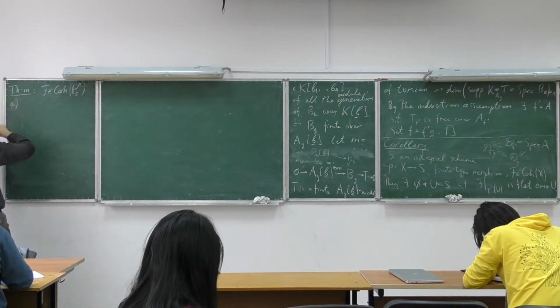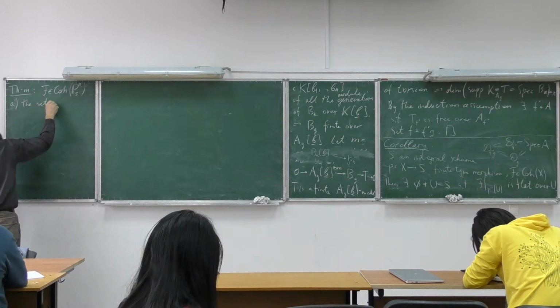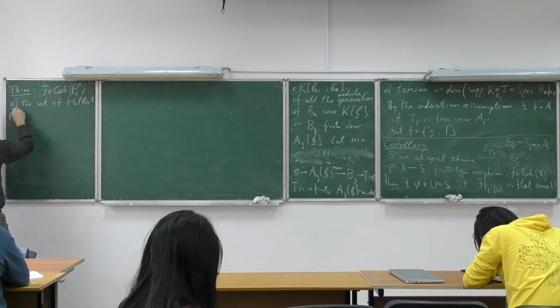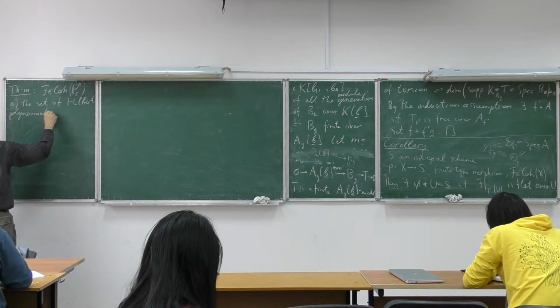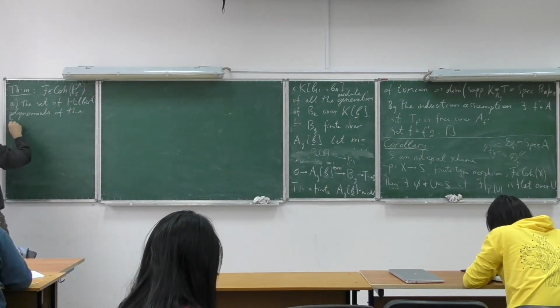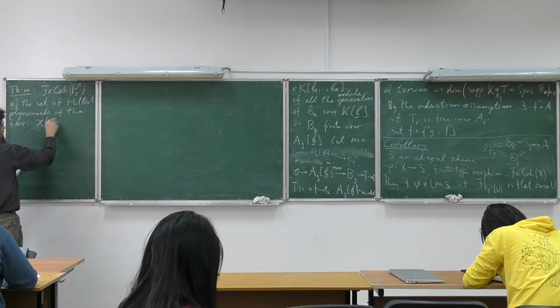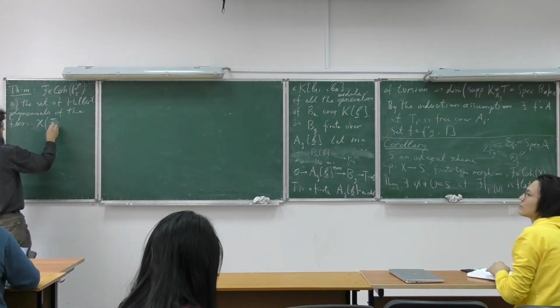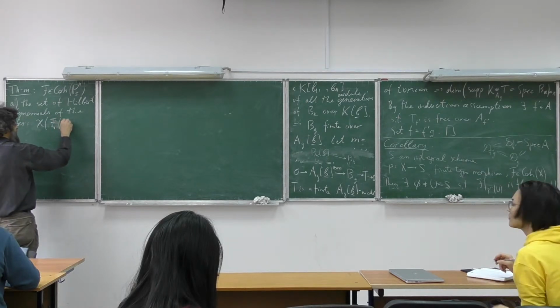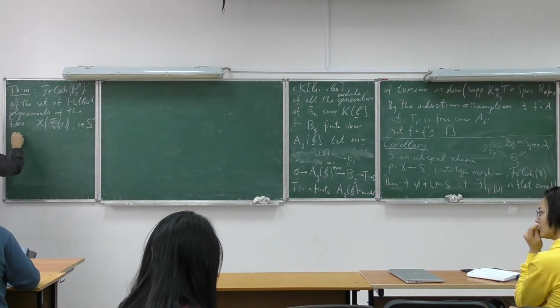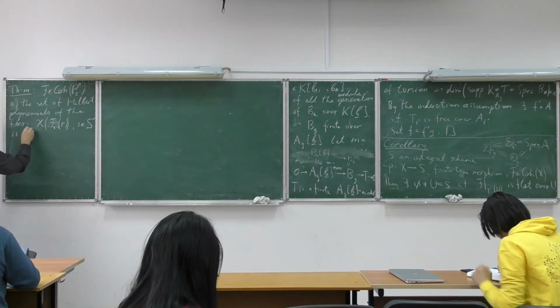Then the first claim is that the set of Hilbert polynomials of the fibers, that is, the Euler characteristic of F_s(n), where s is a point in our scheme, this set of all possible Hilbert polynomials of fibers is finite.